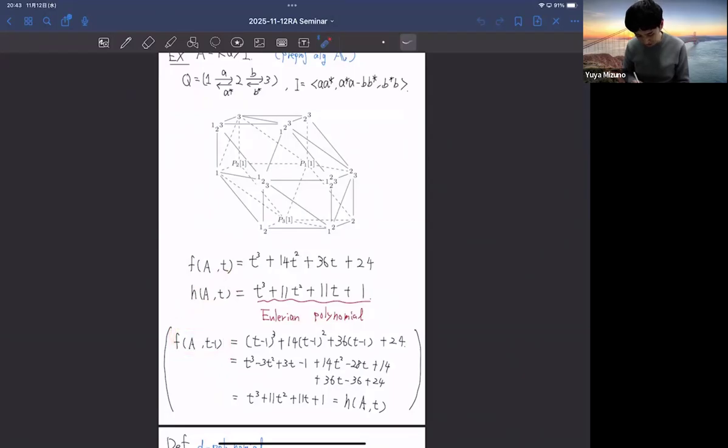Just a simple calculation. The result is this one. And this h-polynomial is quite important because this is nothing but the classical Eulerian polynomial. And this is always true for preprojective algebras, and we will discuss this connection again later.